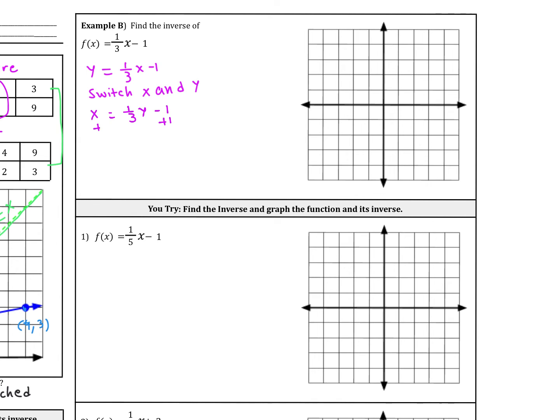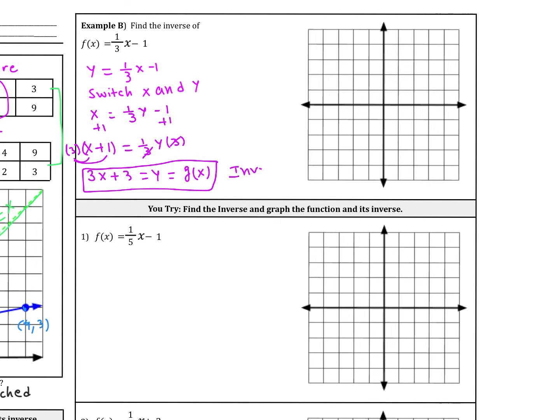Plus 1 on both sides, you got x plus 1 equals 1 over 3 y. You're going to multiply 3 on both sides, so 3 and 3 cancel. You got 3x plus 3. You're going to distribute the 3 with both of them, and that equals y or g(x). Just remember the final answer you got as y is going to be your inverse function.